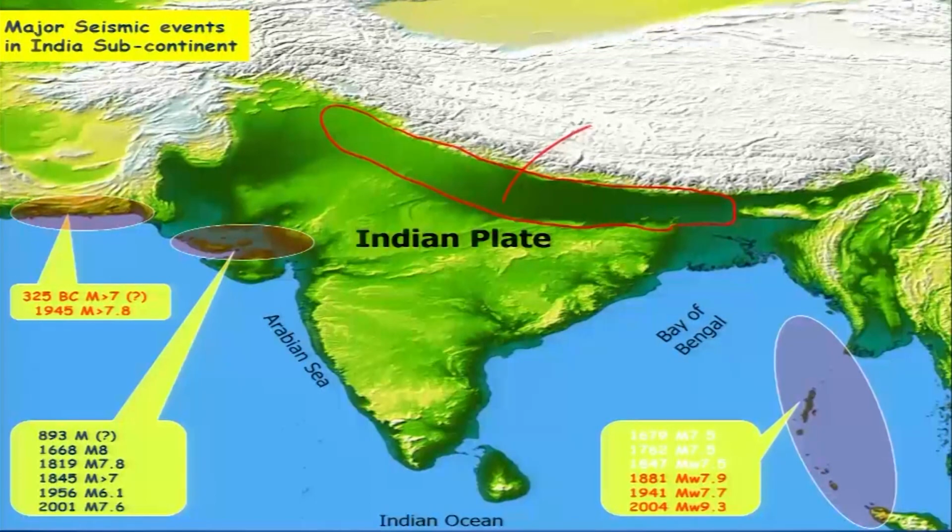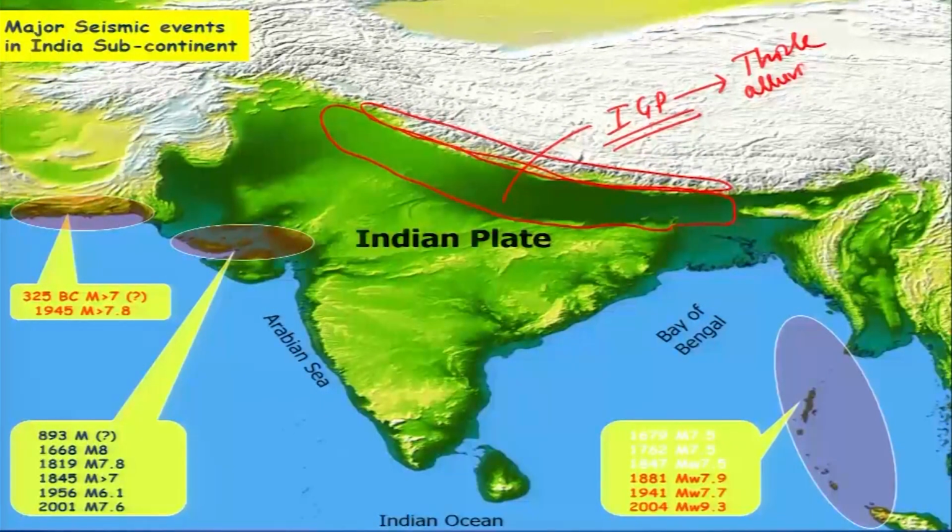So this is your Indo-Gangetic plain. Nevertheless, the region along the Himalayan zone will also be affected by the large magnitude earthquakes which are triggered along the plate boundary. So this area comprises a thick alluvium. Hence, the worry always remains that this area is going to have more amplification during an earthquake.